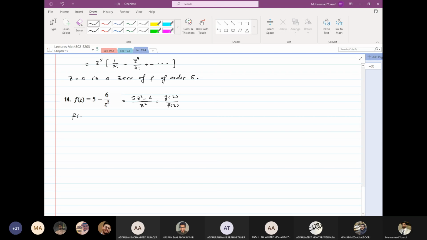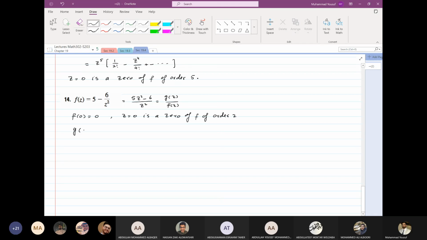F at 0 is equal to 0, and so z equal to 0 is a zero of f of order 2.